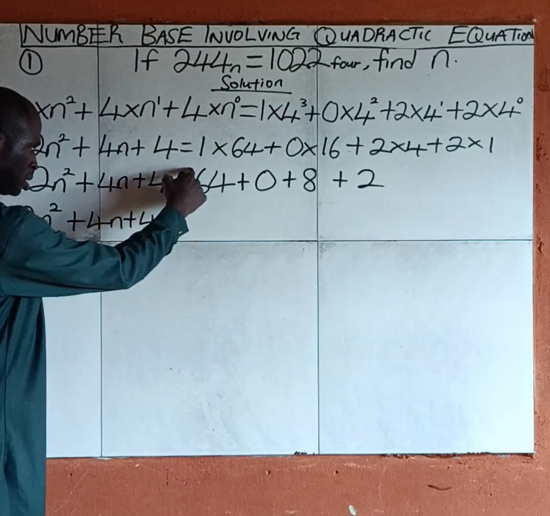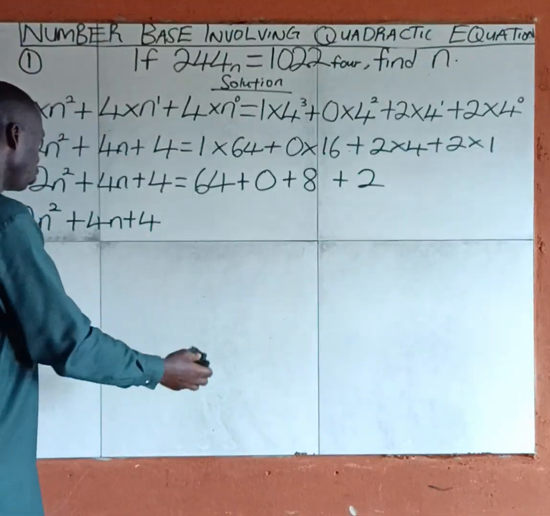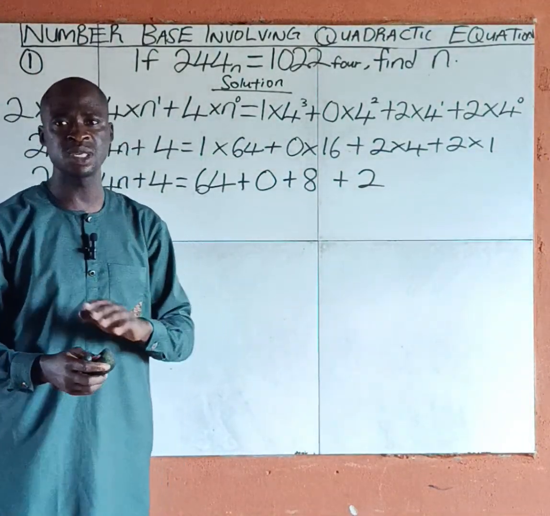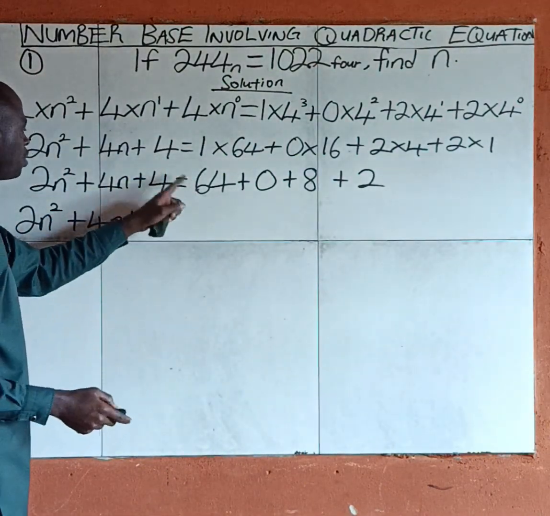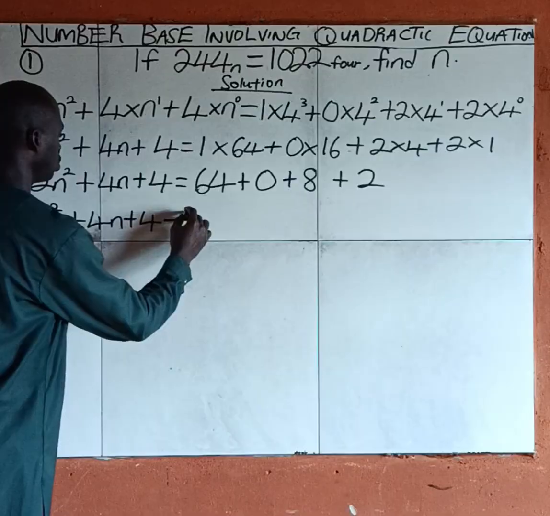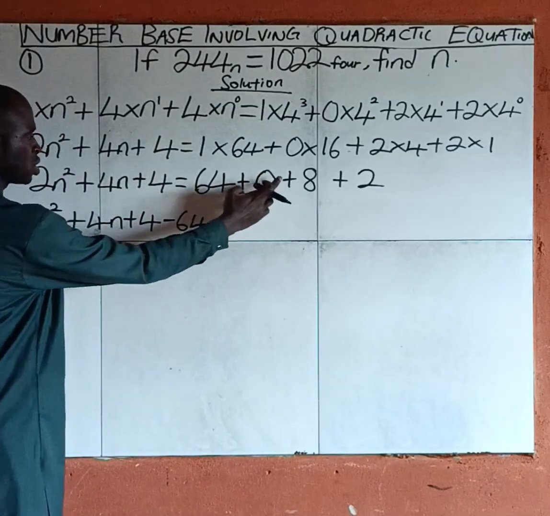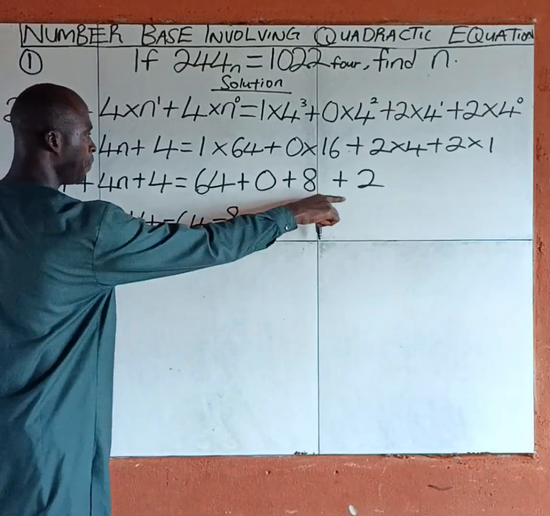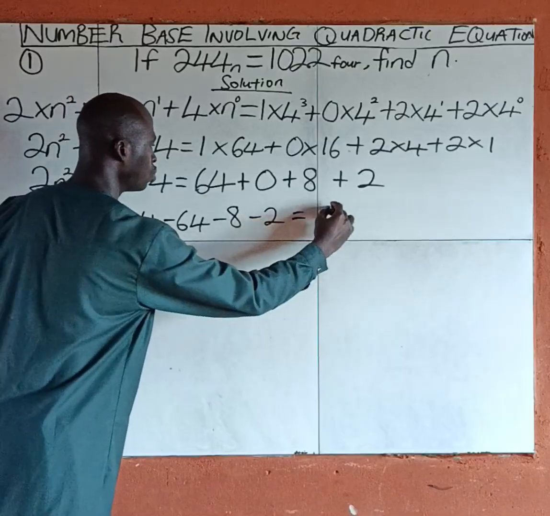In mathematics, any number without a sign is always a positive sign. So if this plus 64 is crossing, it becomes minus 64. Then this is 0, so it has no use. If plus 8 is crossing the equal to sign, it becomes a negative 8. If a positive 2 is also crossing, it becomes a negative 2, equal to 0.